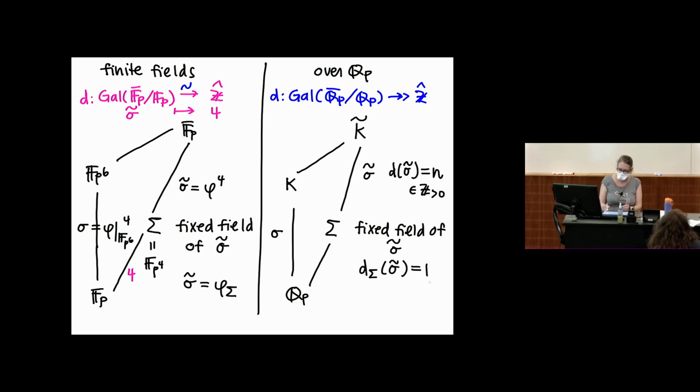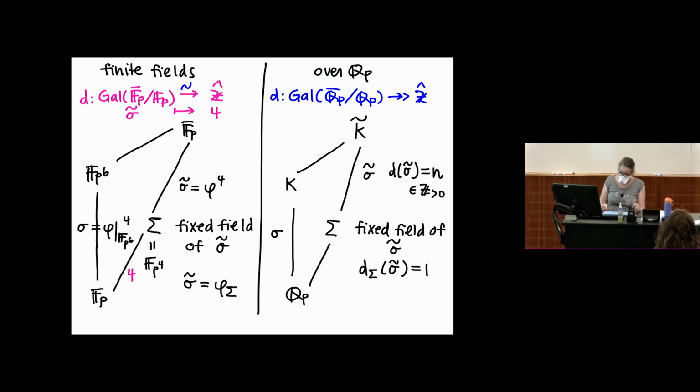Relative to Q_p it was not a Frobenius, but you pass to some fixed field and then it is. It's like raising to the p to the fourth doesn't generate this Galois group, but when you pass to some extension, it does.